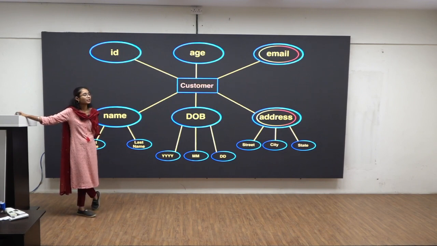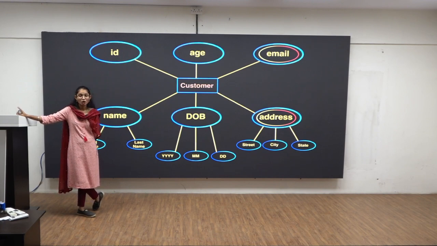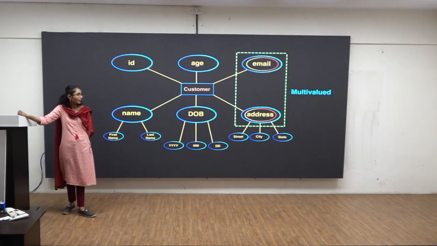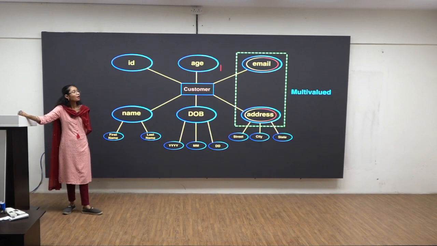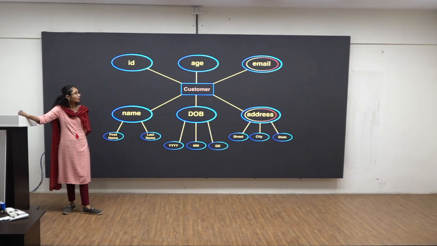Ellipse. What is the representation for a composite attribute? Again, it is not one ellipse. That ellipse will be divided further. So you have to give that representation properly. So here we have the segregation of a multi-valued attribute, and we have the segregation of a single valued attribute as well.